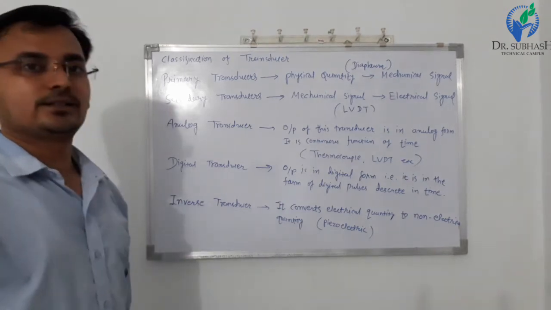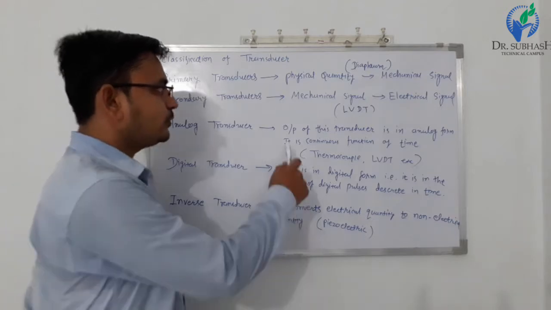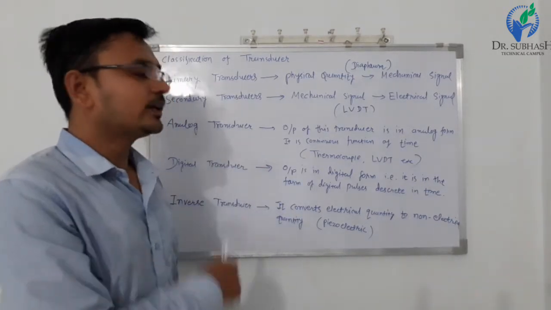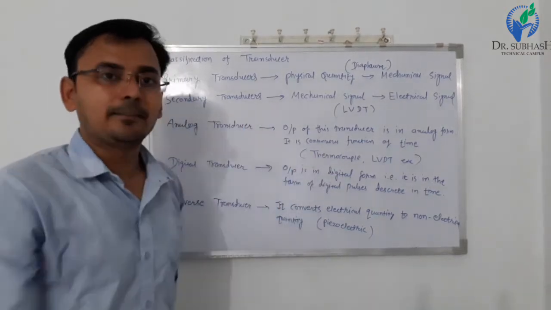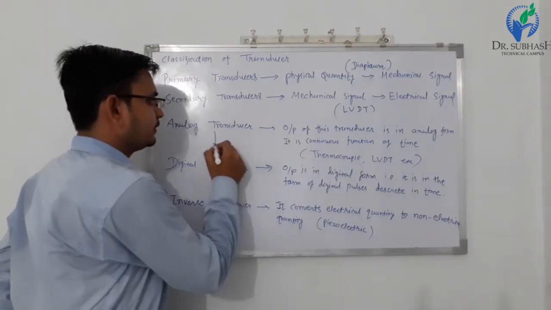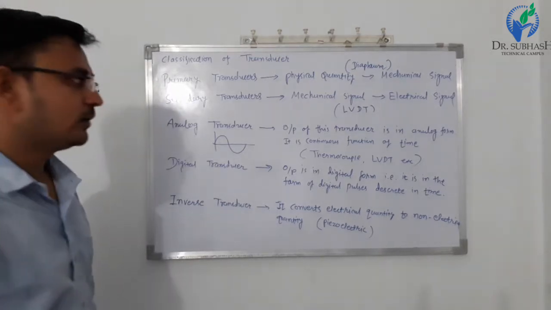Then analog transducer. What is an analog transducer? The output of this type of transducer is in analog form. What is analog form? It is a continuous function of time. For example, if we are talking about a sine wave, then we can say that it is an analog signal.